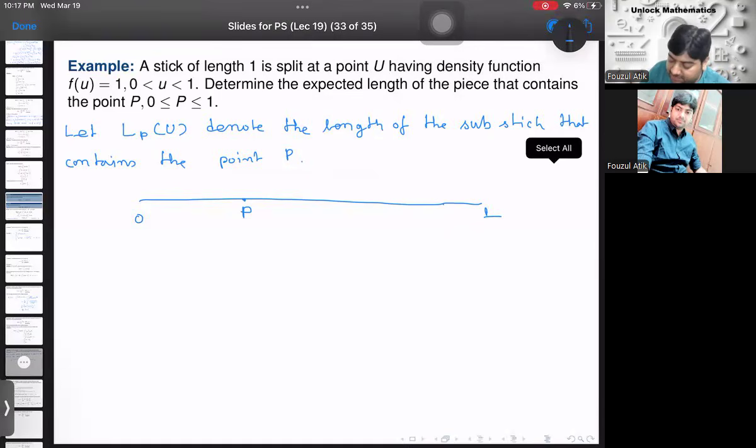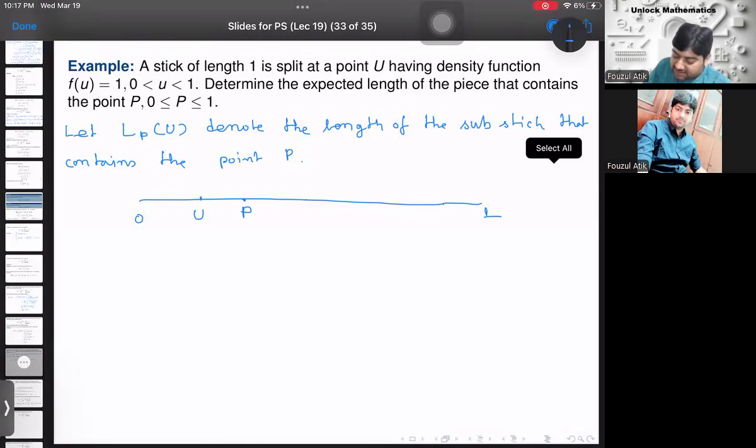Suppose it's split somewhere here, to the left of P. Then what is the length of the piece that contains the point P?